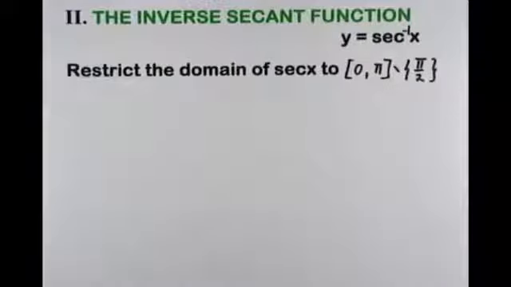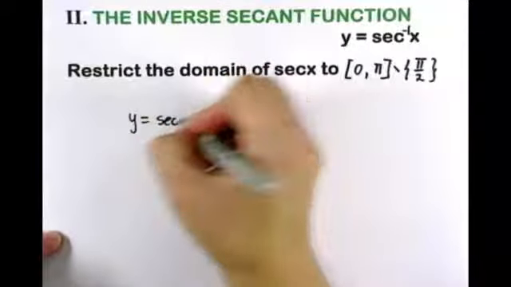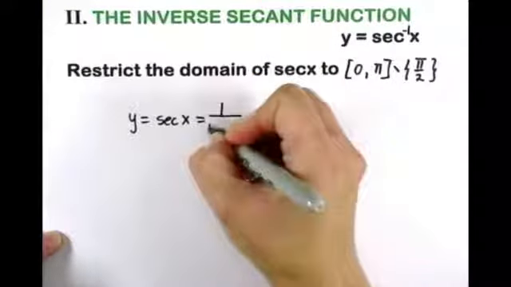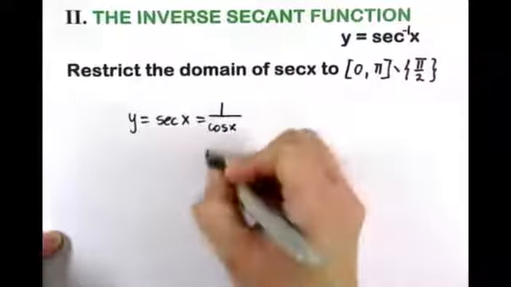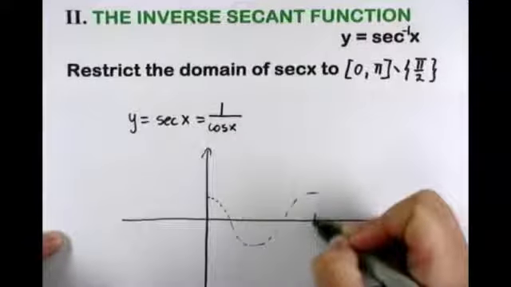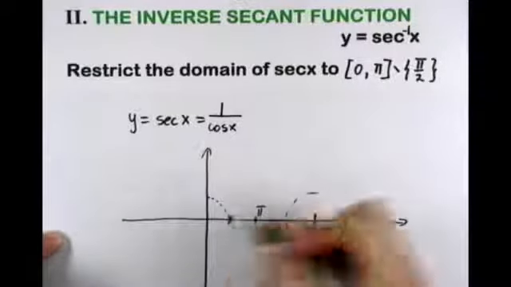As we remember, the secant function, y is equal to secant x, is the reciprocal function 1 over cos x. So the graph of the secant comes from the cosine function. The cosine function was like this, wave-shaped. So here was 2 pi, here is pi, and half pi.